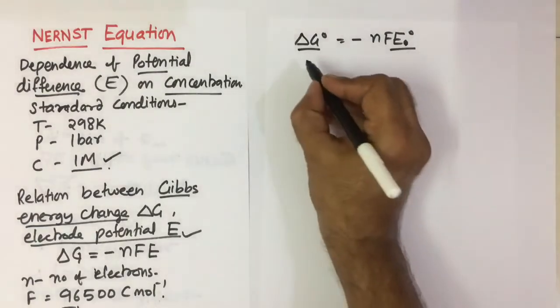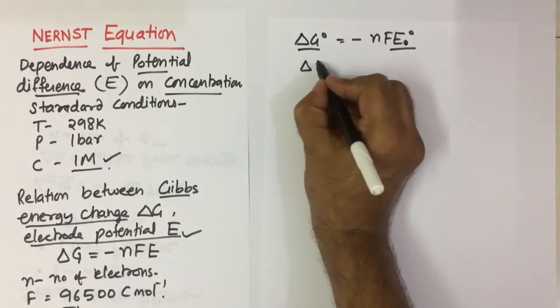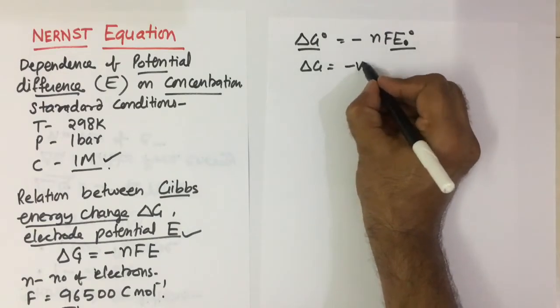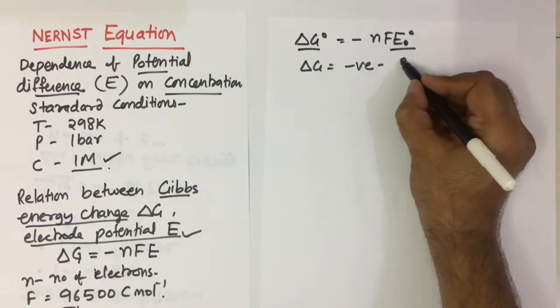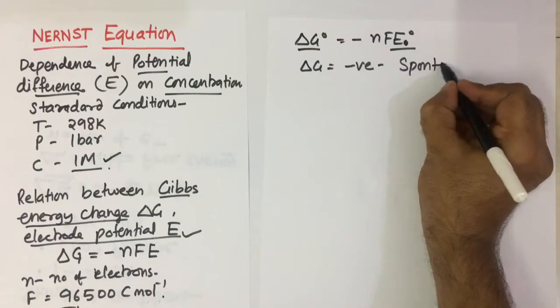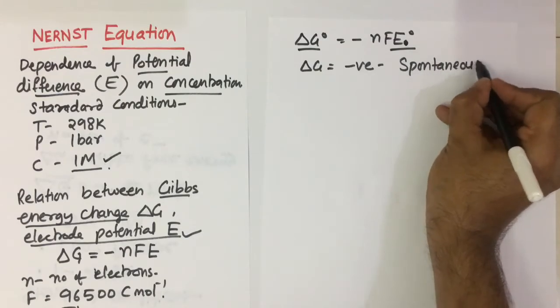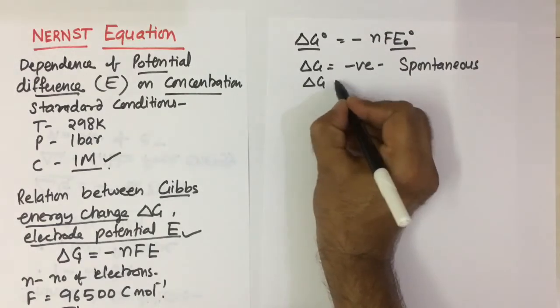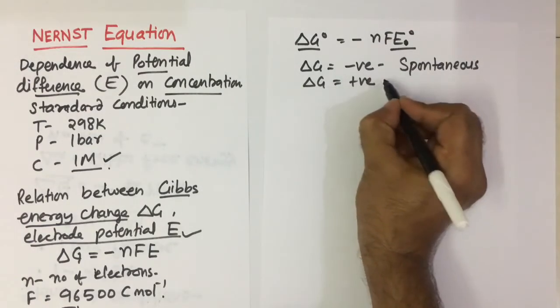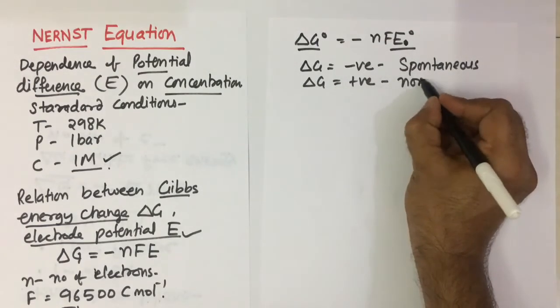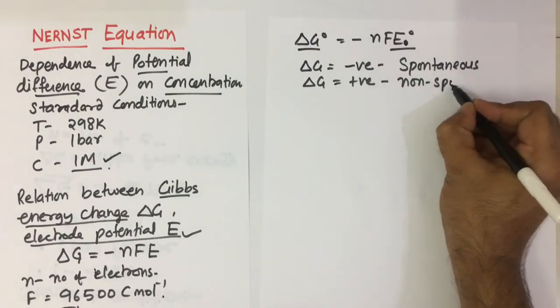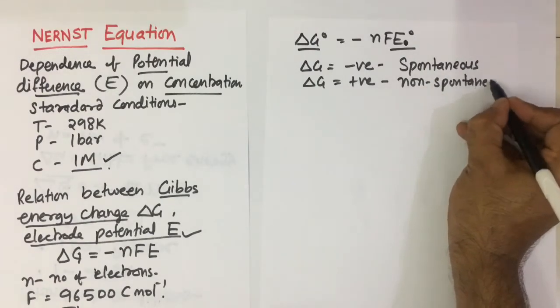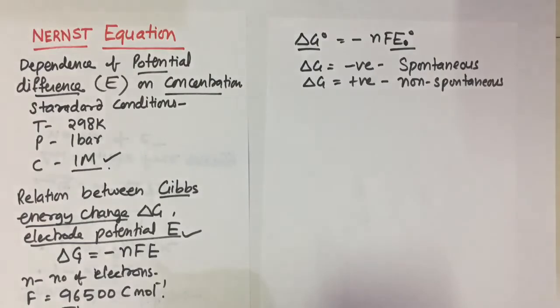You know, when delta G is negative, the reaction is spontaneous, and when delta G is positive, the reaction is non-spontaneous.